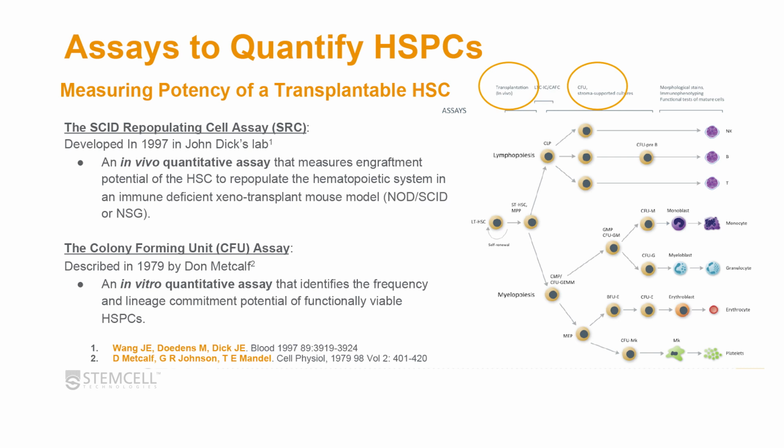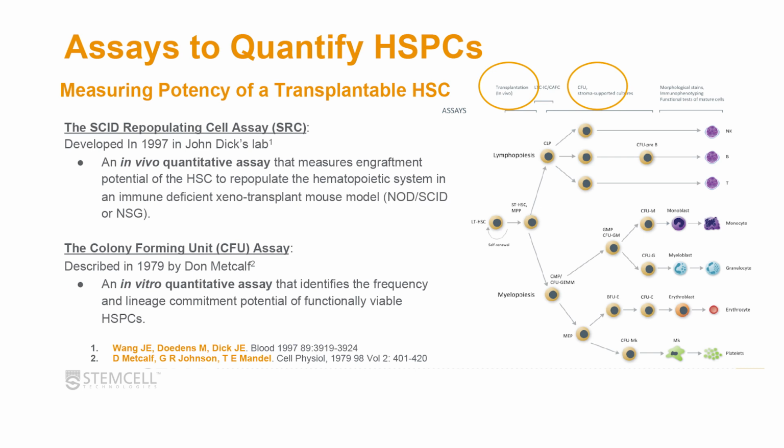So the SCID assay really measures just that ability of that long-term hematopoietic stem cell to repopulate a host for the lifetime of the animal. But the colony-forming assay really looks at the progeny of that cell, which are the progenitors that actually control and maintain the right number of blood cells on an everyday basis.